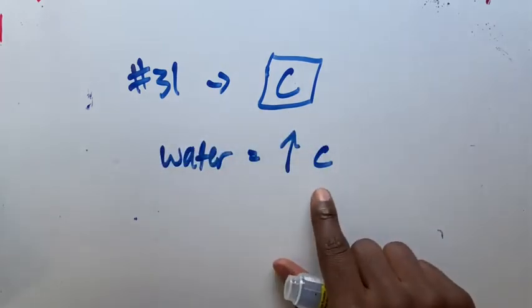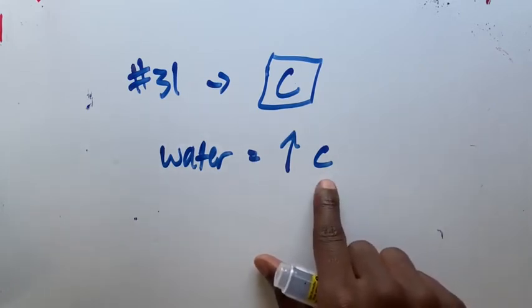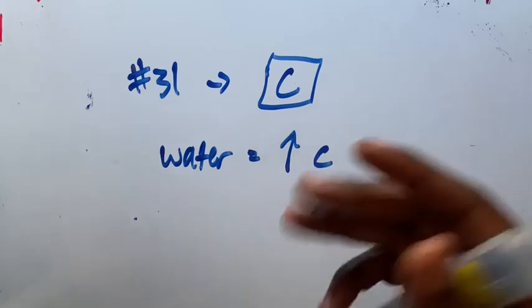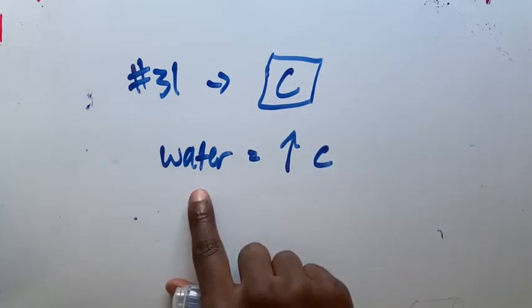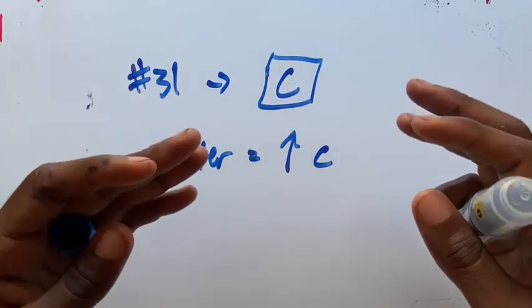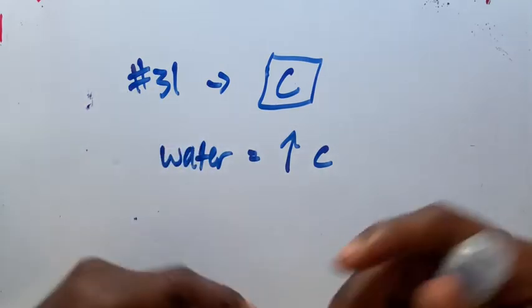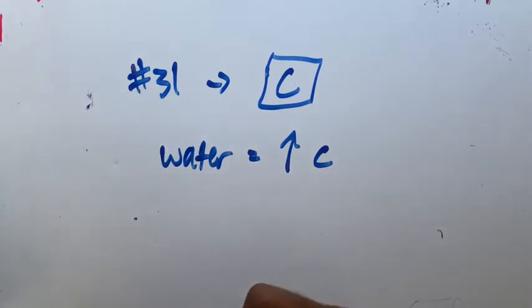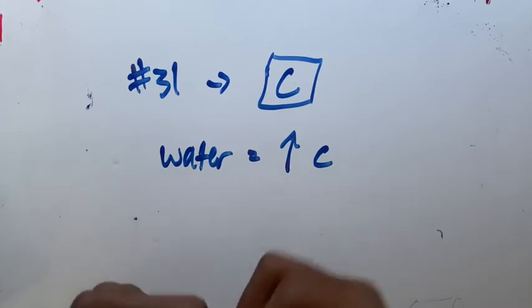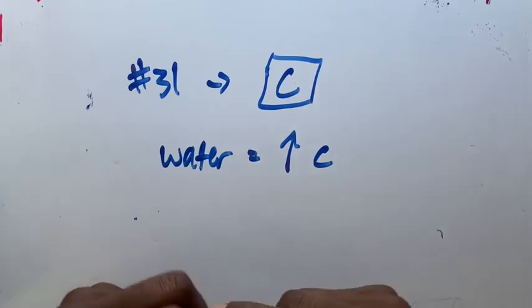C for specific heat. So since the specific heat of water is so high, it takes a lot of energy to change the temperature. In other words, water retains its temperature better than other things, say a metal. Let's say we put a hot spoon on the stove, it gets hot.